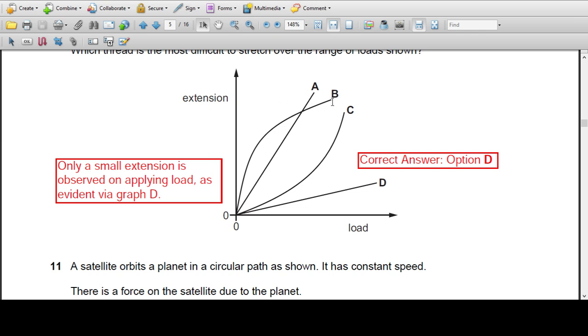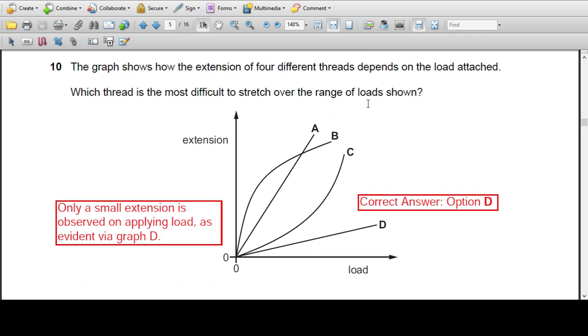Similarly, in B, we have a small change in load and the extension is high. Afterward, the extension is not linearly increasing. In C, the load changes a lot, but the extension does not change much.